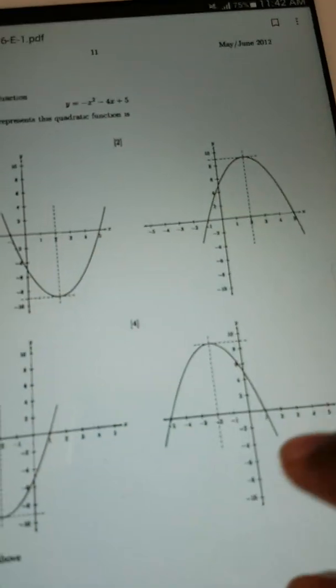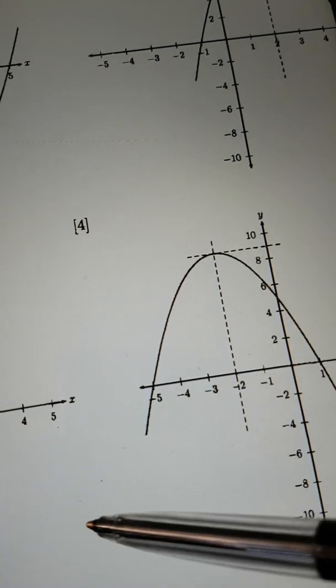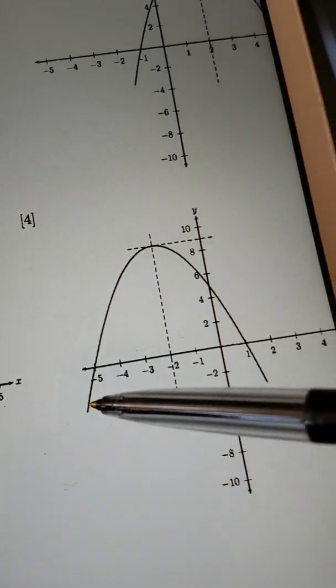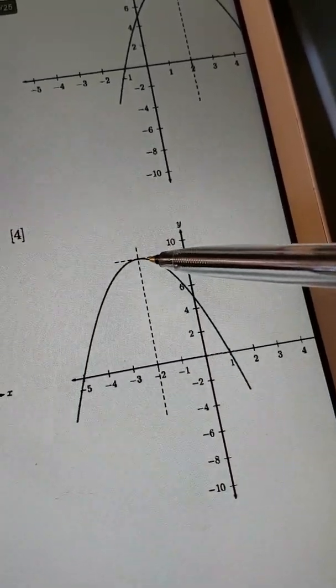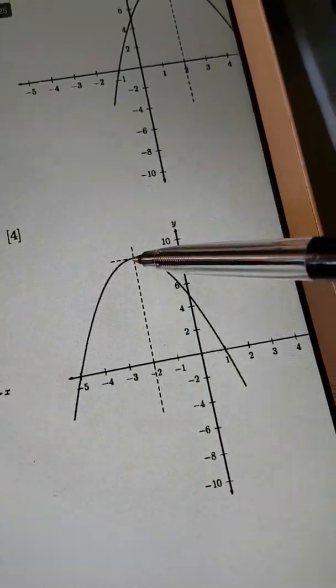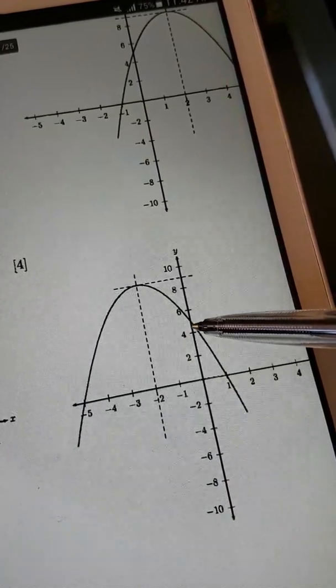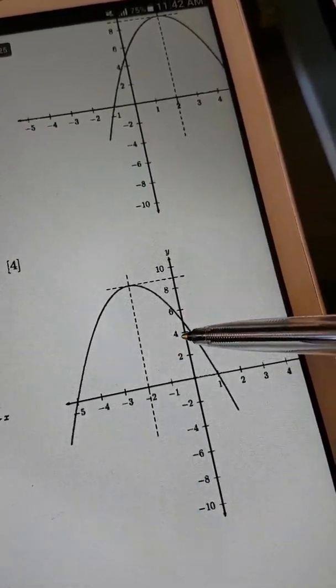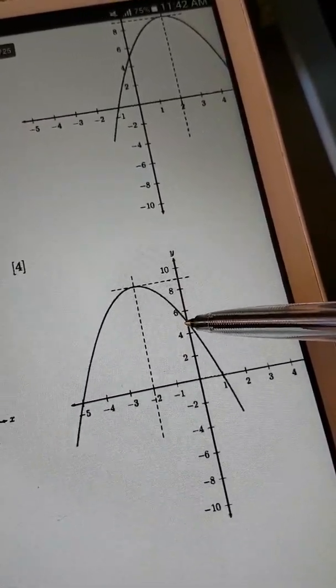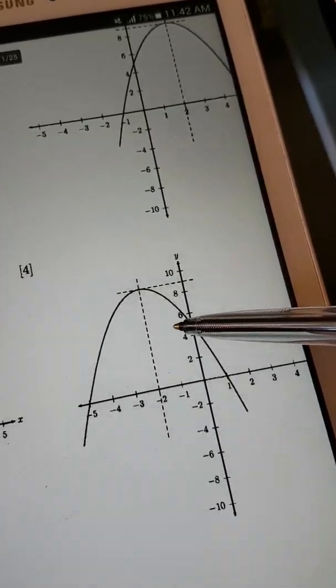So if you look at this graph here, number 4, the parabola or the curve is moving and curving here at the turning point. Do you see it's intercepting along the y-axis in the middle of 4 and 6? So it means it's intercepting here at 5.